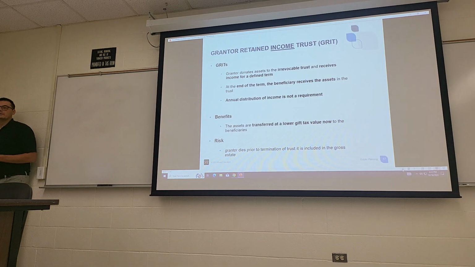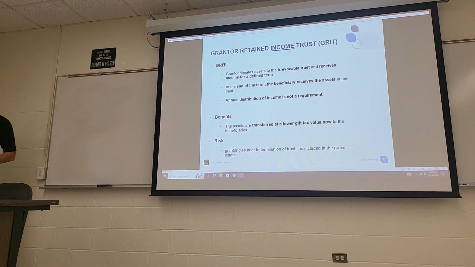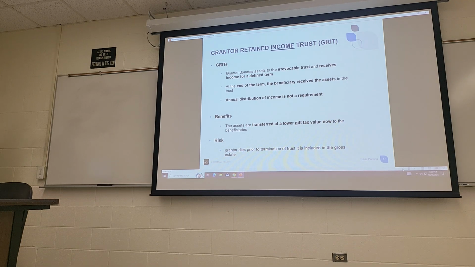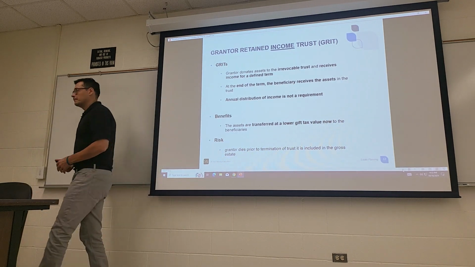Simply, if the grantor does not survive the term of the trust, then at that point it is included in the gross estate. Plan kaput, for lack of a better word. These are all going to be very similar, but this is a kicker here, that you don't have to distribute income.